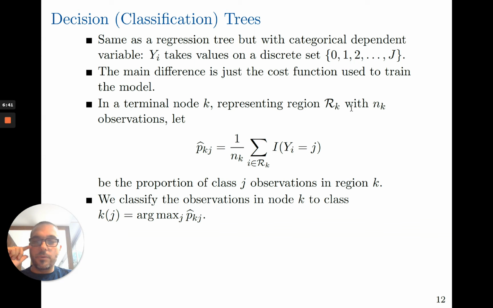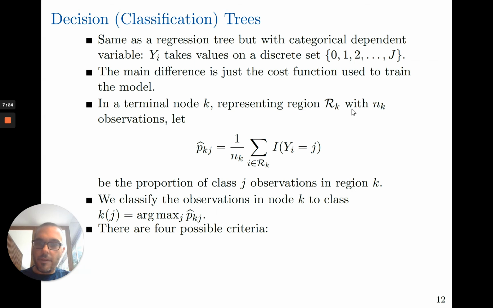We are going to classify the observations in node k to the class j that maximizes this proportion. So you have a region, and within that region you compute the proportion of each class, and we classify an observation there as being of the class where we have the highest proportion.